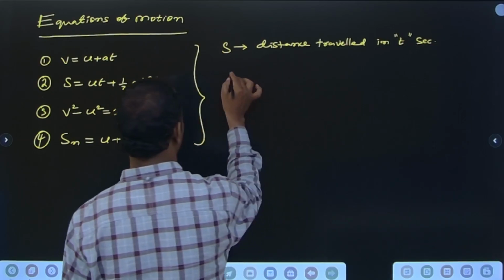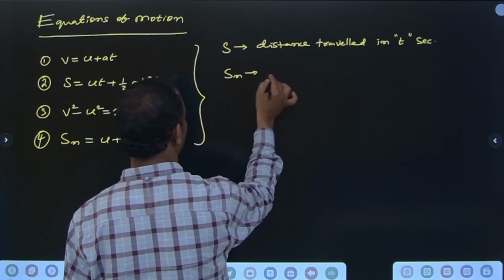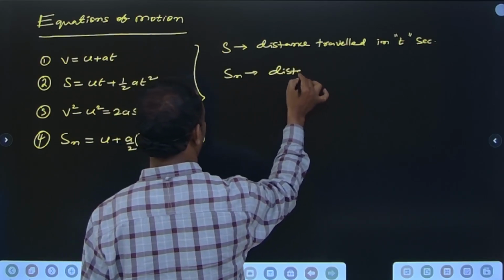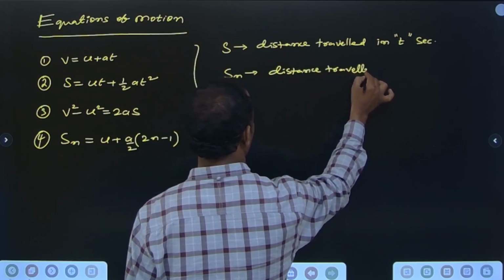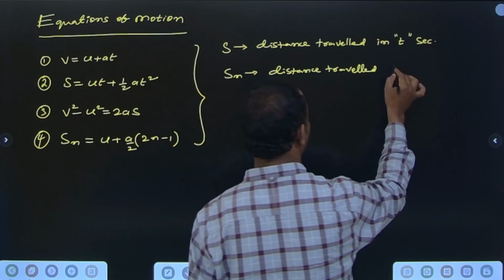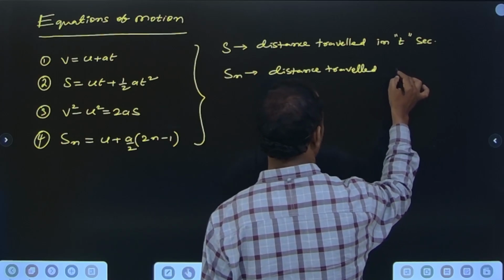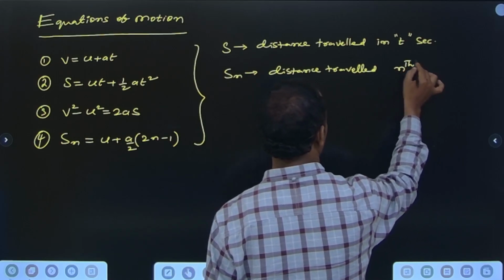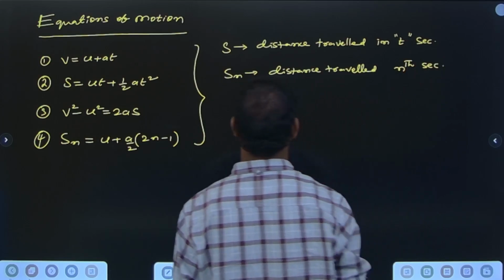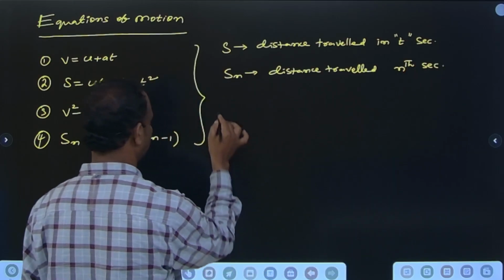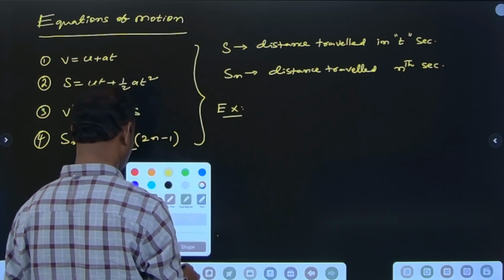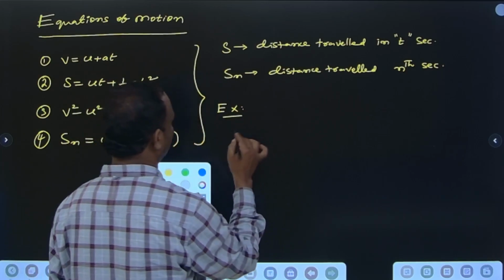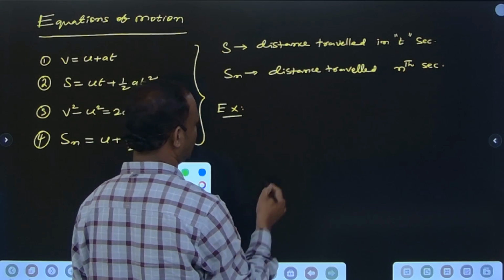And Sn is the distance traveled in the nth second. I can give an example: a body travels along a straight line path.